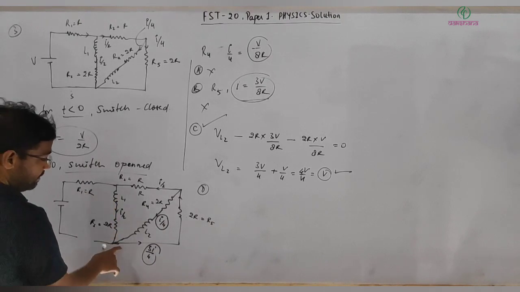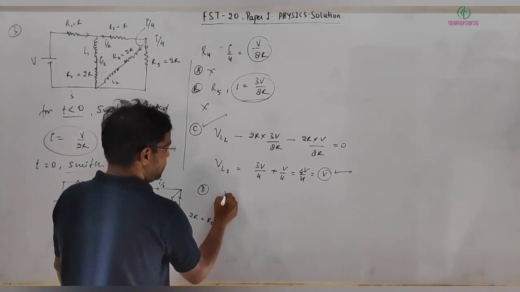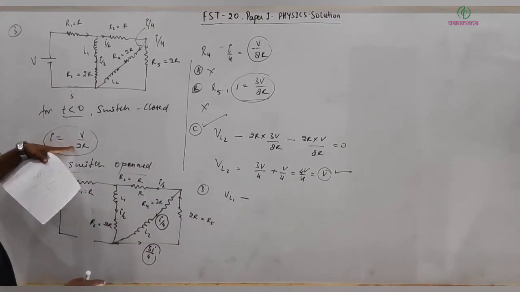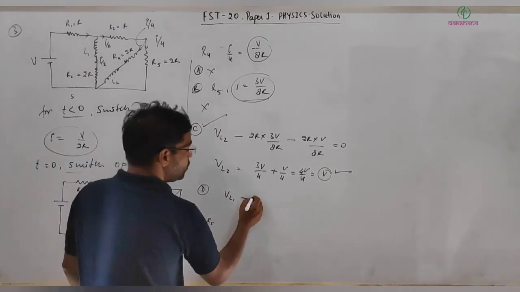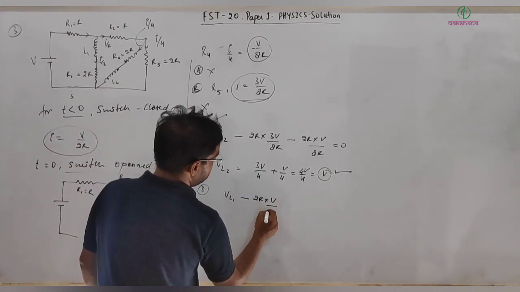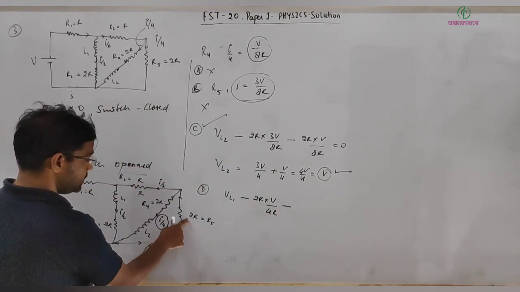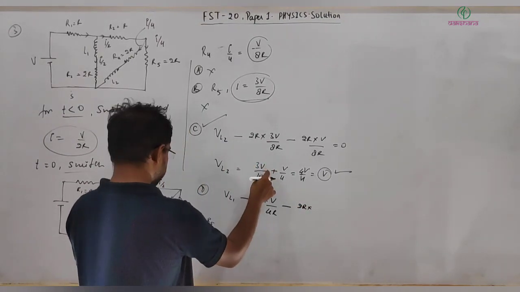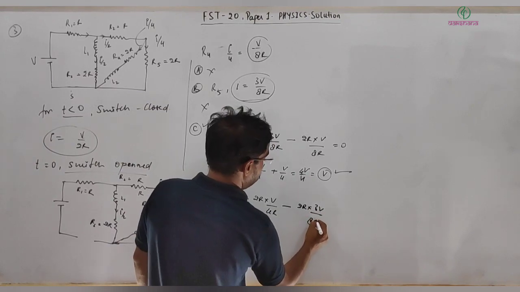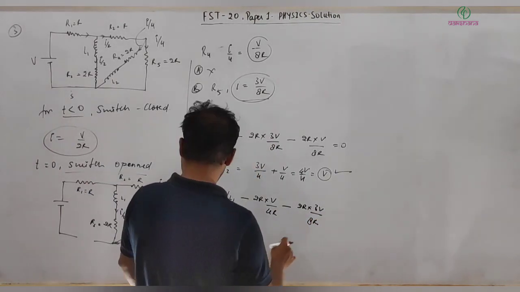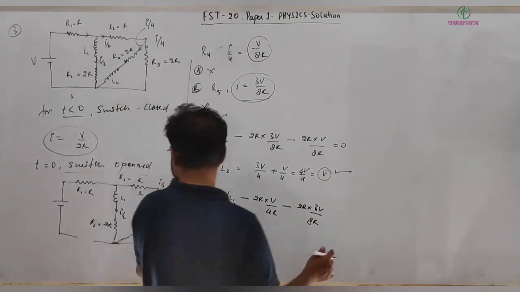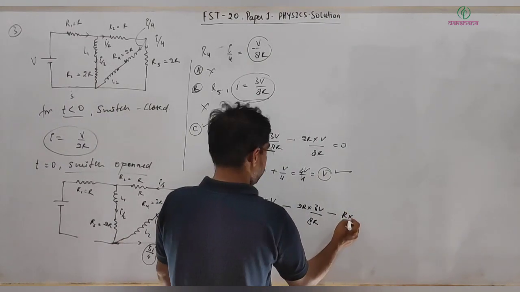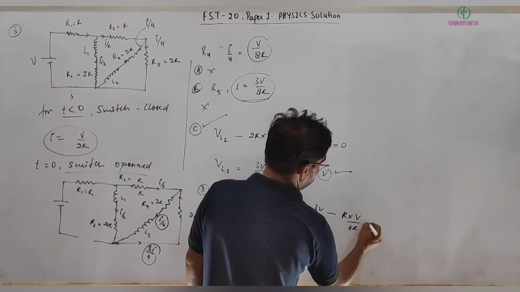For L1 again I can apply KVL in this loop, so I can write V L1 minus 2R multiplied by I by 2, I is V by 2R, so V by 4R, minus across this 2R multiplied by R5, which here we are getting as 3V by 8R, and here also we are going in the direction of current, so then minus R multiplied by I by 2, which is V by 4R, equal to 0.